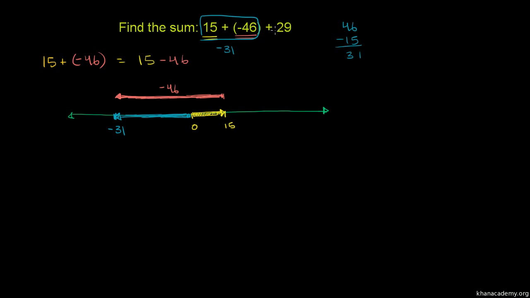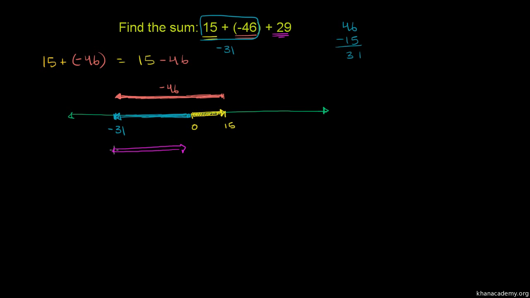And then to that, we are going to add 29. Let me do that in another color. So what does that mean? That means that we're going to start at negative 31, and we're going to move 29 to the right. We're adding 29, so we're going to move 29 to the right. So maybe that gets us right about there.